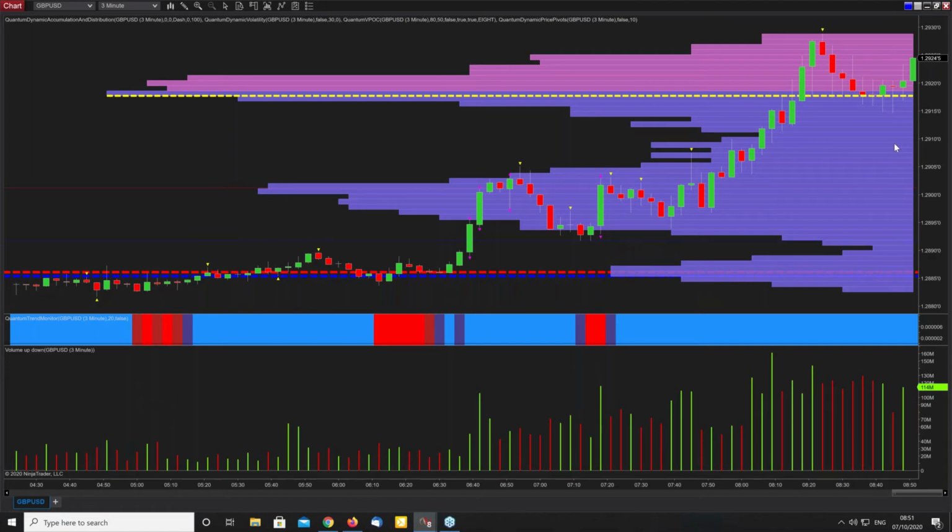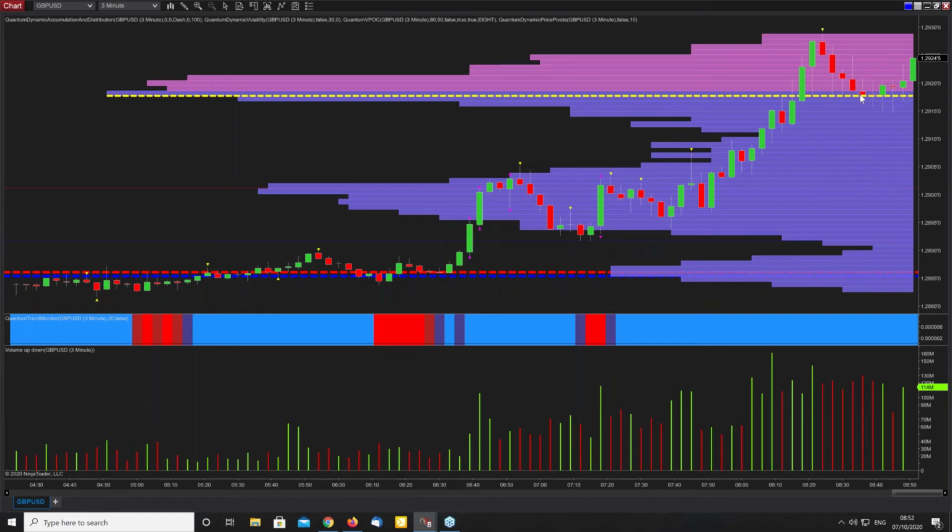It's a little bit nuanced, I appreciate that, but that's part and parcel of using the VPOC histogram to give you the information as to where the market is likely to be heading next. Because if you're approaching a volume point of control, you can be rest assured that it's probably going to congest there. So don't expect it to just quite happily move through there on volume.